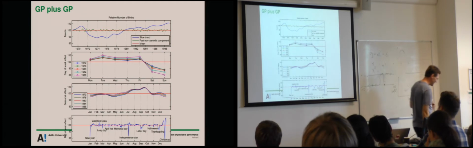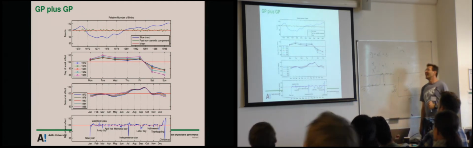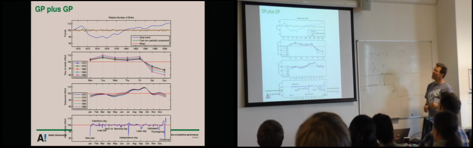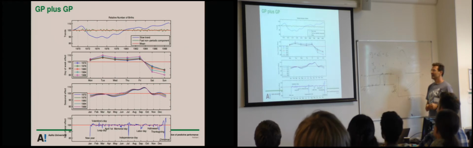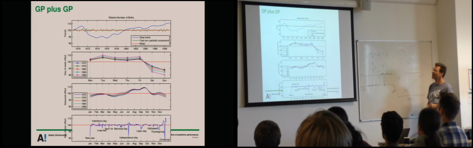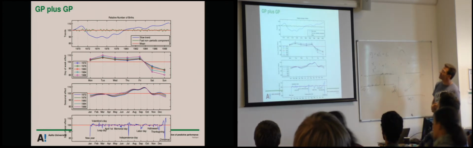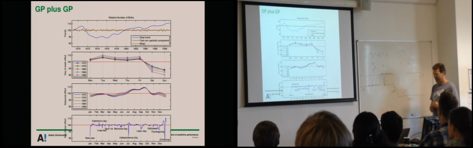GP plus GP. So this is an example of a bunch of additive GPs combined. These are number of births per day from 1969 to 1988 in the US, and it has many components.